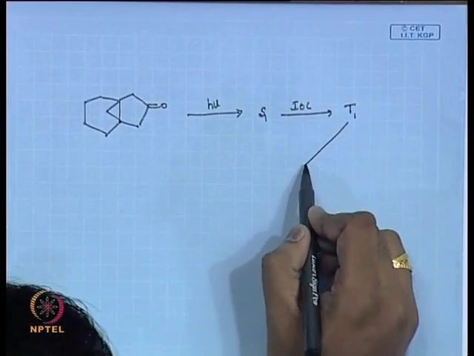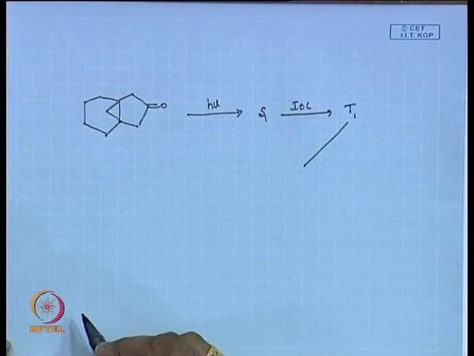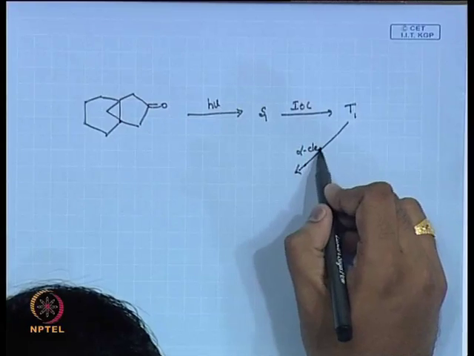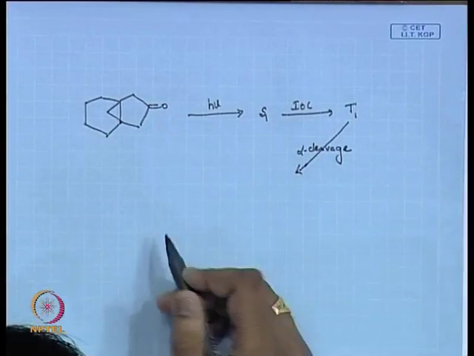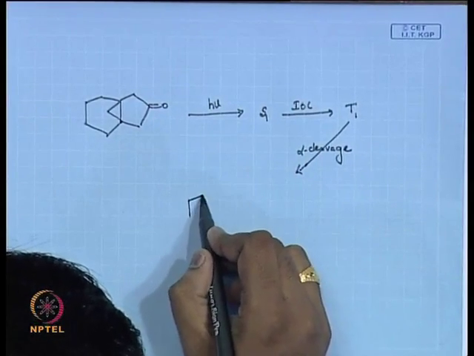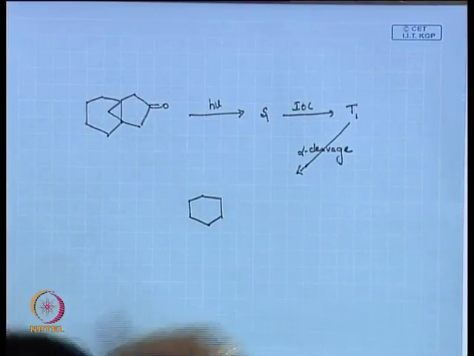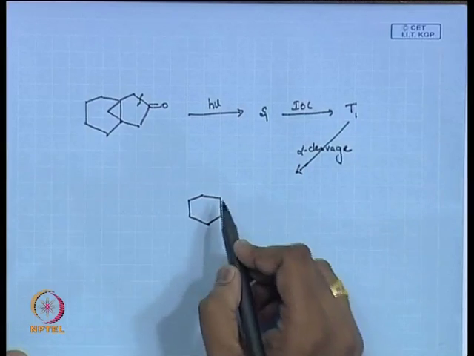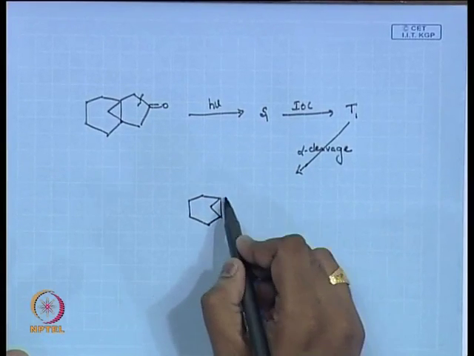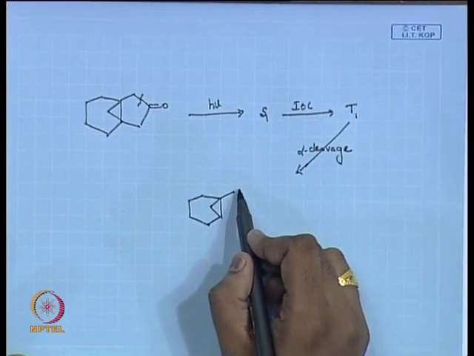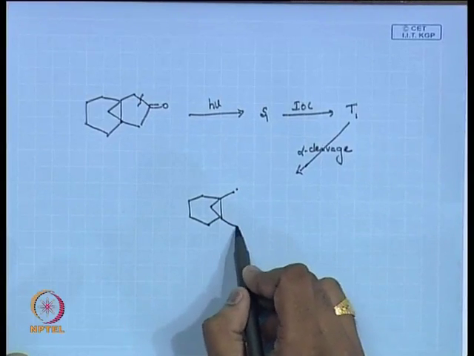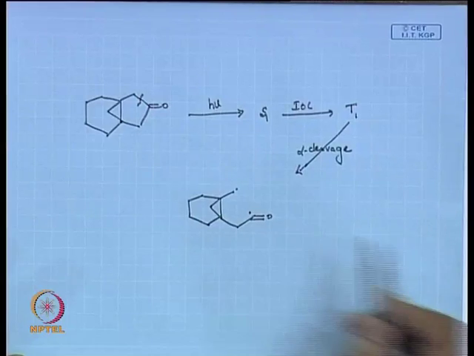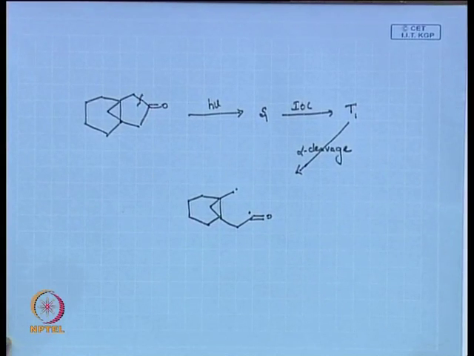Then it undergoes an alpha cleavage to give me a product. It can do an alpha cleavage here because it is the same molecule. So, I get a radical of this type.